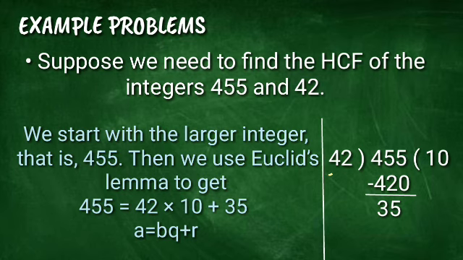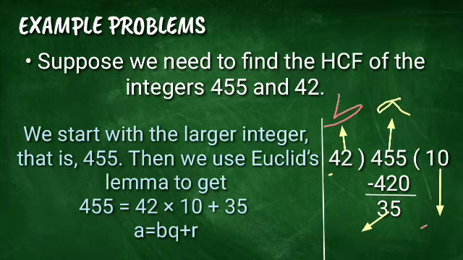Now apply Euclid's division lemma, where 455 is A, B is 42, Q is 10, and 35 is R.